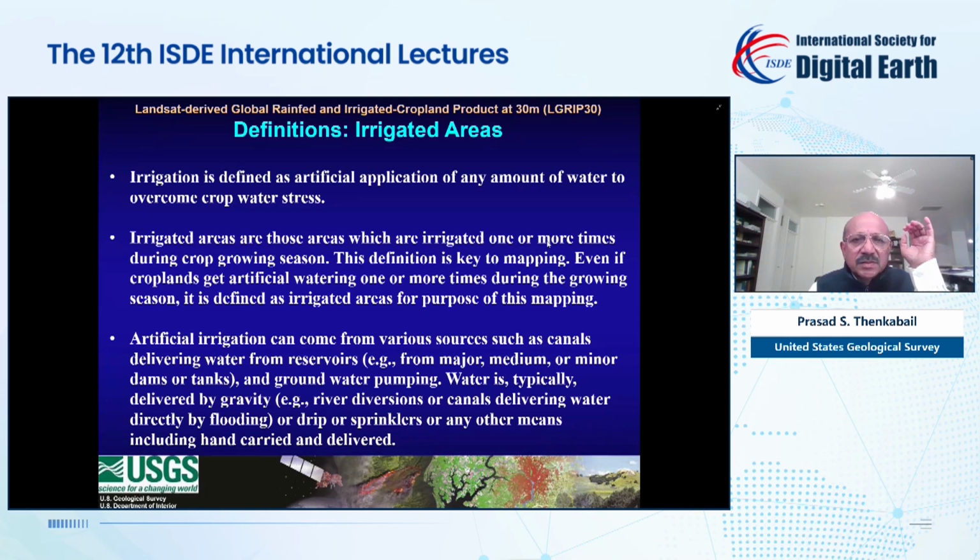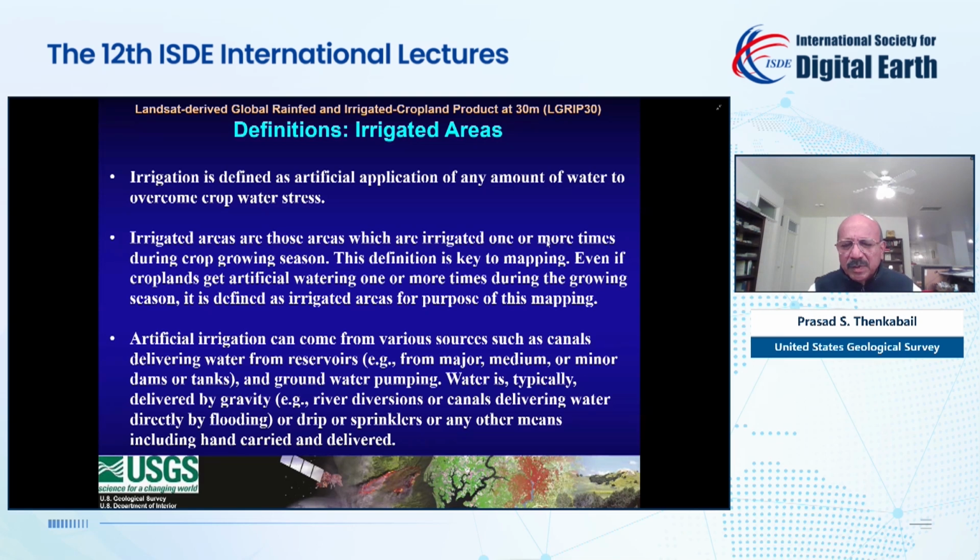Irrigated areas, definition. See, when you compare two maps on anything, you will see a lot of differences, and many people will discuss that these differences occur due to methodology and all those kinds of things. But more than anything, the differences occur because of the definition.